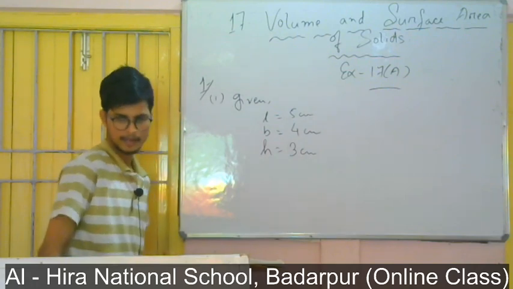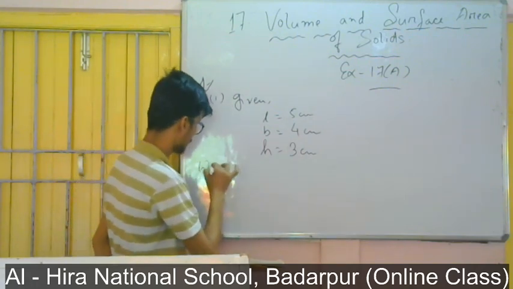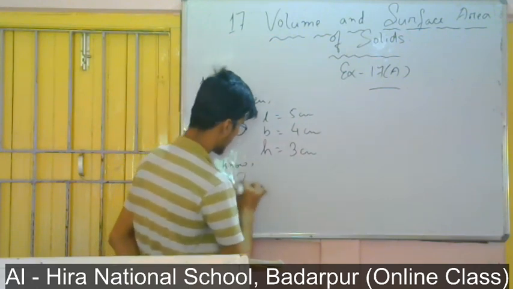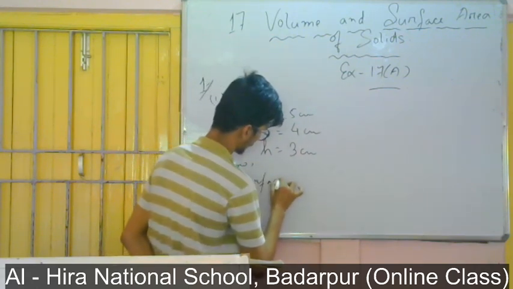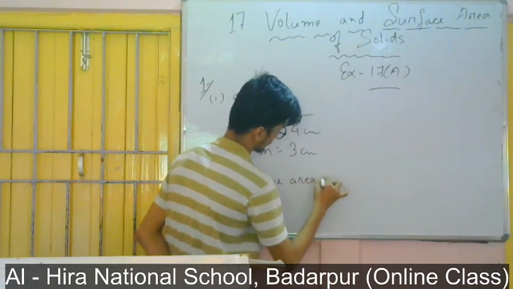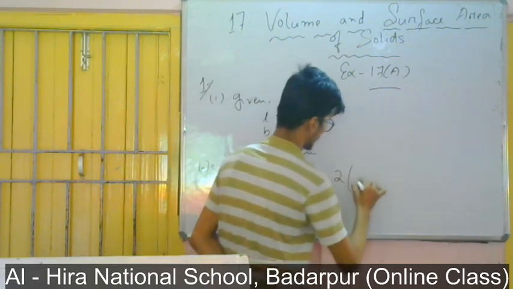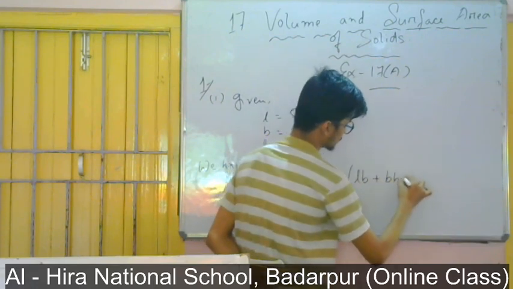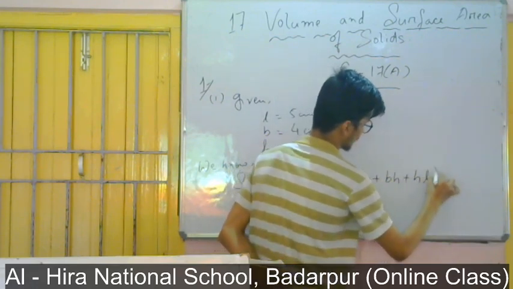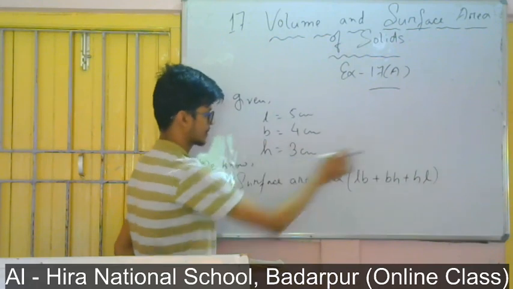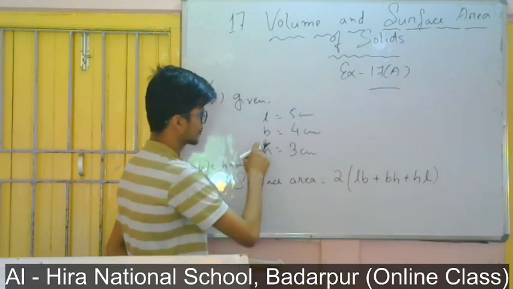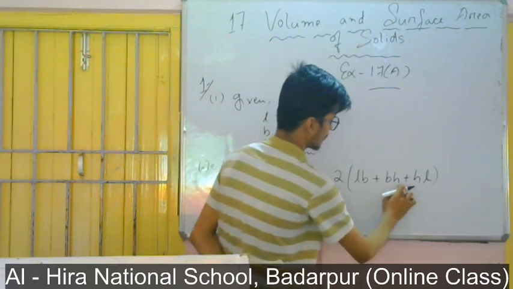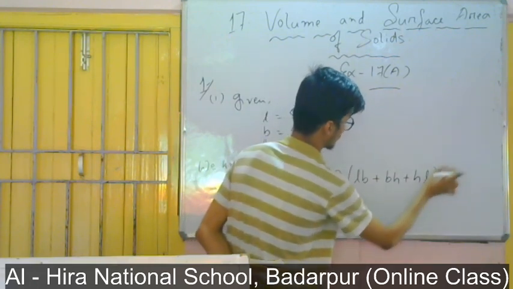So we know surface area equals 2 into LB plus BH plus HL. You remember it like this: LB, then BH, then HL.